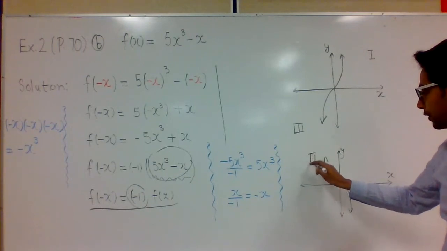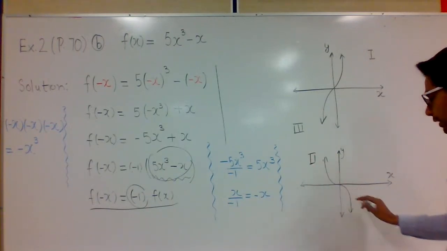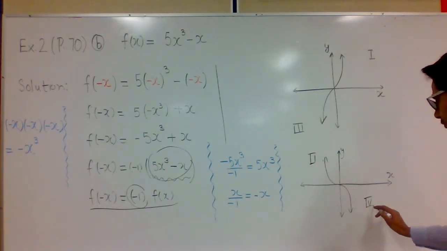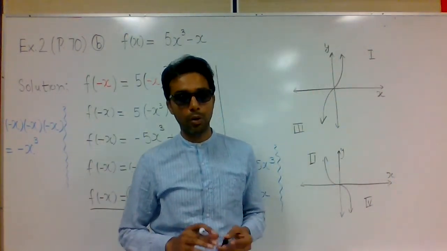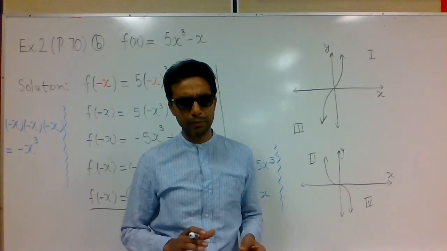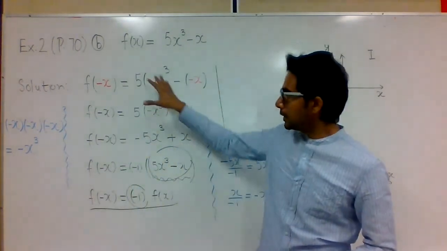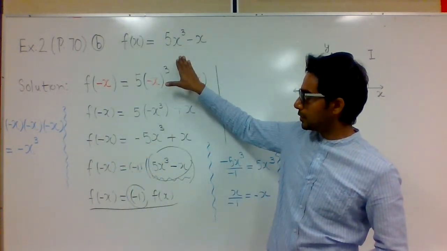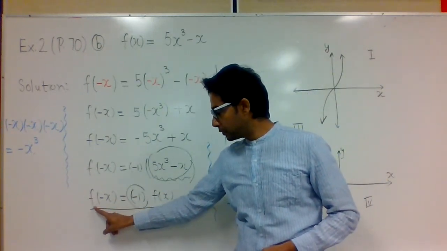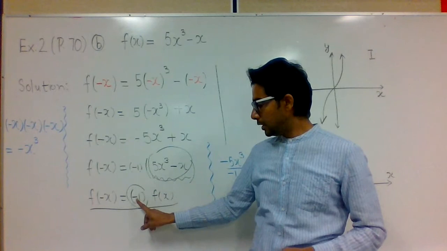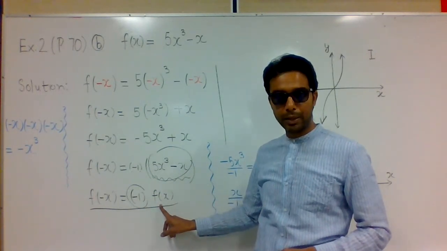If one half of the curve is in quadrant 2 and the other half is in quadrant 4, the graph is symmetric about the origin too. So what we have done here is we have proved that this function is an odd function. How did we prove it? Eventually we proved that f of negative x equals negative 1 multiplied by f of x.